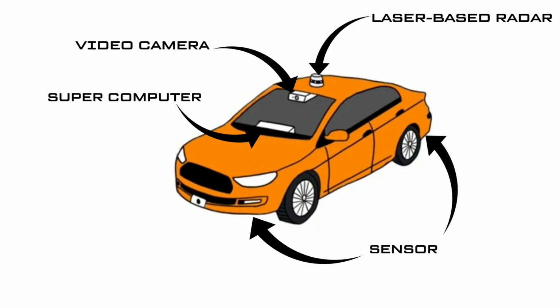Sensors at the front and rear detect other vehicles. A video camera above the windshield identifies lane markings, traffic lights, and pedestrians. A GPS system and the laser-based radar analyze the surroundings, including obstacles.